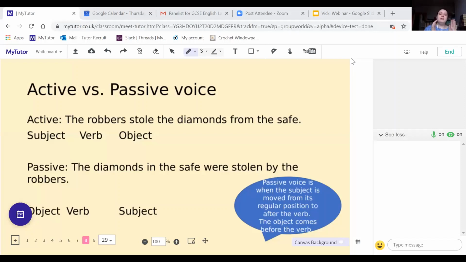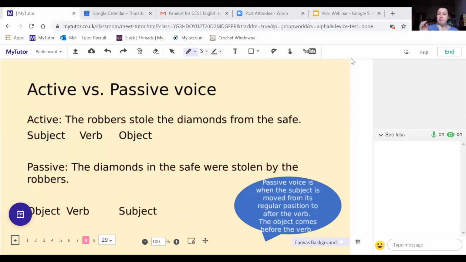So: the diamonds in the safe were stolen. We've got the diamonds, which is the object, in the safe, which is our prepositional phrase, which attaches to the object, the diamonds. The diamonds in the safe were stolen. We've got two verbs together there. And then we've got by the robbers.